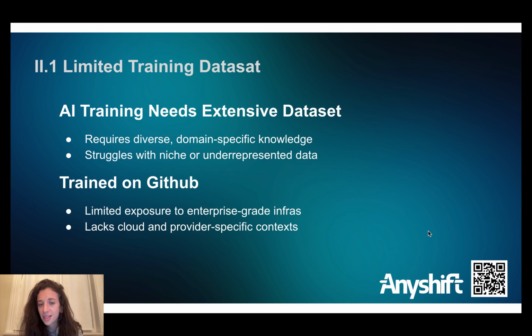It's very sensitive information, so you don't have a lot of enterprise-grade information on GitHub. Also, it lacks the live context of the infrastructure, so all the run metrics and all the very specific production configuration metadata that you have.